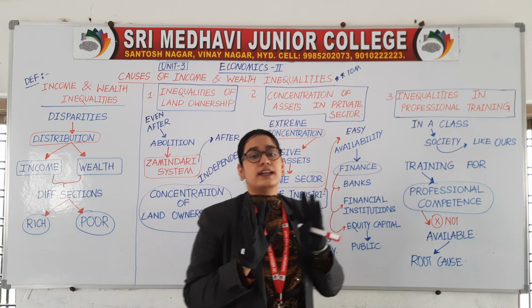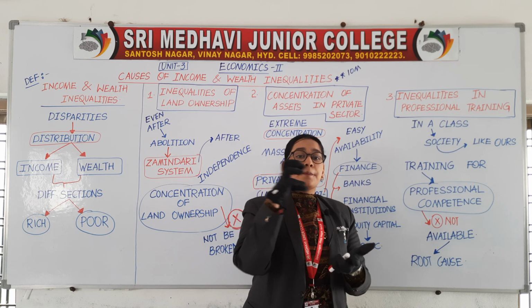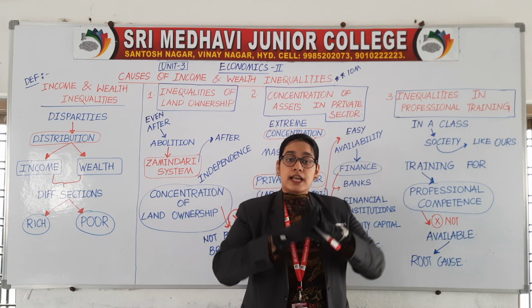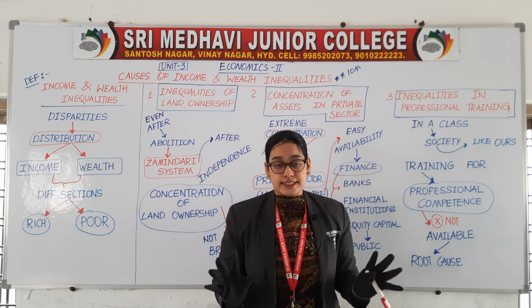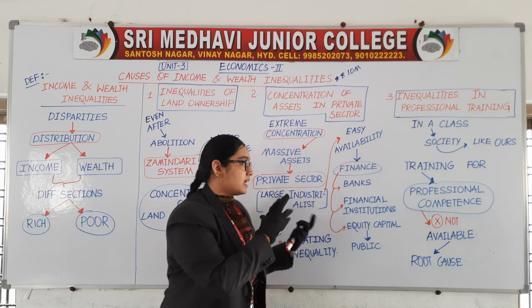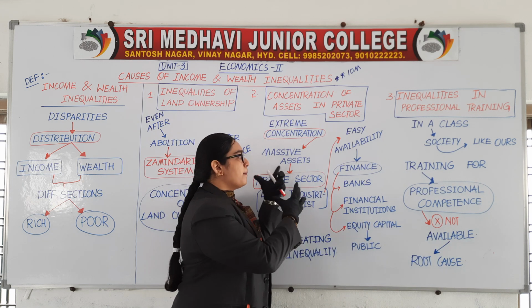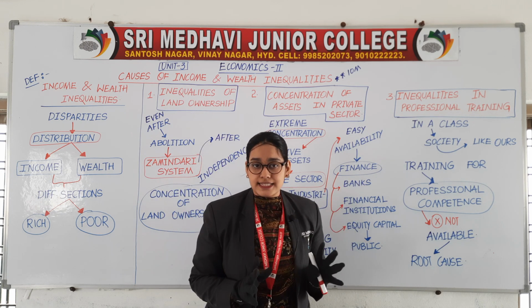Which is not under the control of government. That means private entrepreneurs, large industrialists, large businessmen, large merchants, they are working under the private sector and they are having massive assets, meaning very huge and big assets.